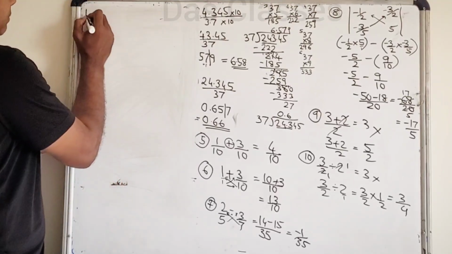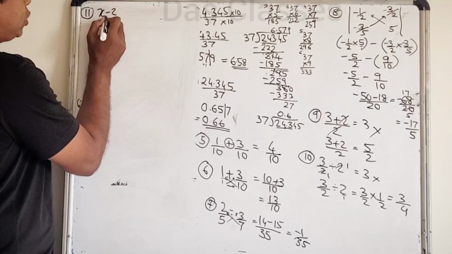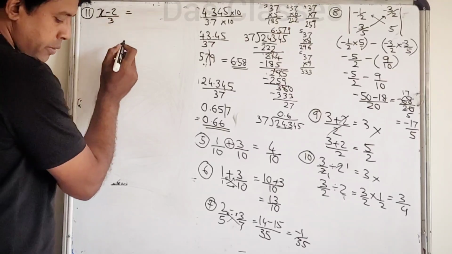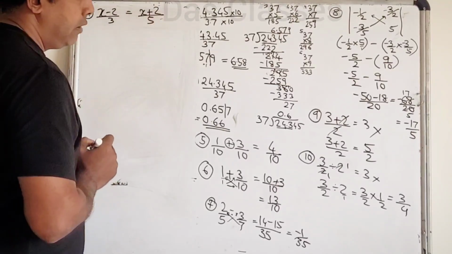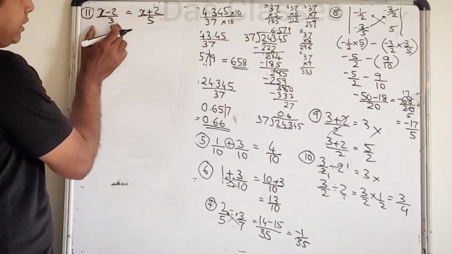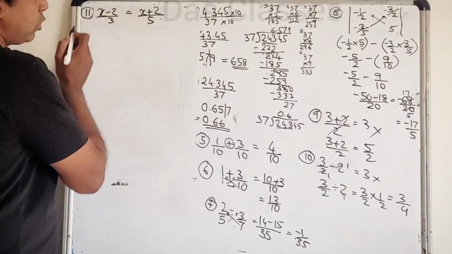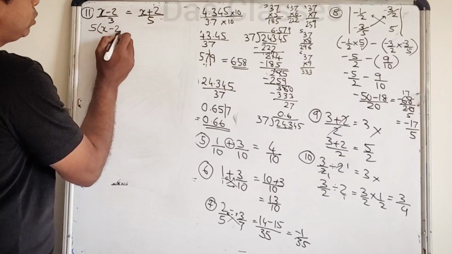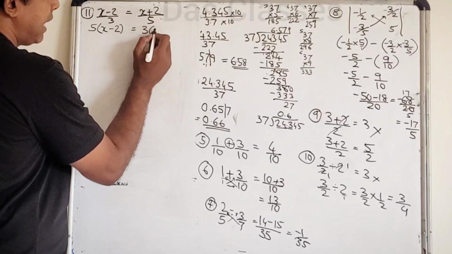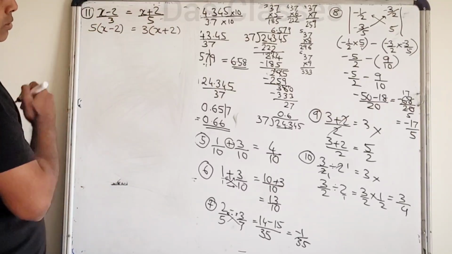Next example. x minus 2 upon 3 is equal to x plus 2 upon 5. Now, as you can see, there's one term on the left hand side and one term on the right hand side. In that case, you can cross multiply and write this as 5 bracket x minus 2, 3 bracket x plus 2. This 5 goes here, this 3 comes to the other side.